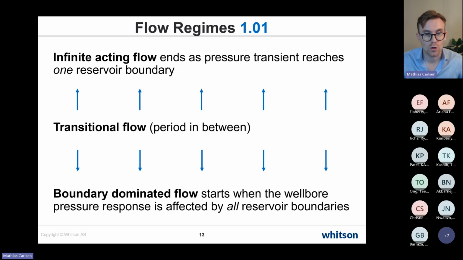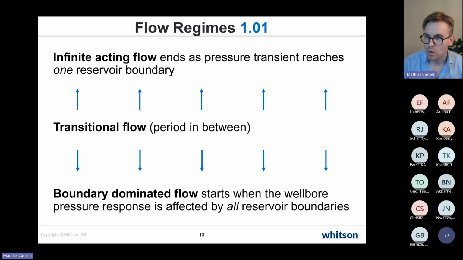So you at least know the minimum size of the room, but you still don't know where the wall behind you is. When you turn around and see that wall is 4 meters behind you, that's when you're in quote-unquote boundary dominated flow, and you have all the information you need to say how big the room is. It's a similar way you can think about this to some degree, and we'll get back to that analogy a little bit later.